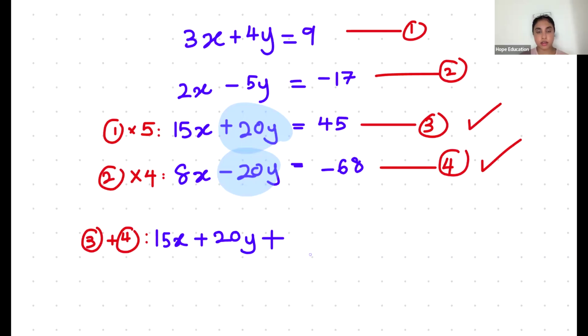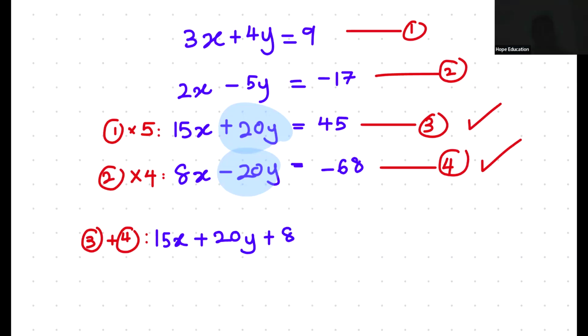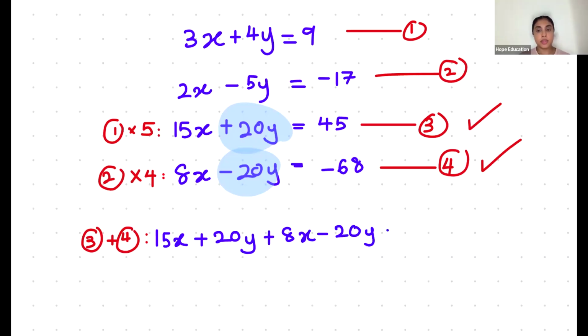We can just write this part, 8x minus 20y. Here we have 45, then minus 68, I will just put a bracket so that it won't be confusing.